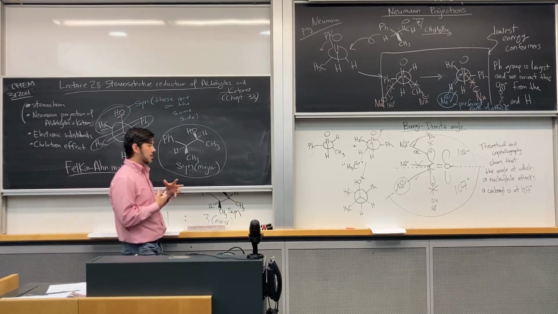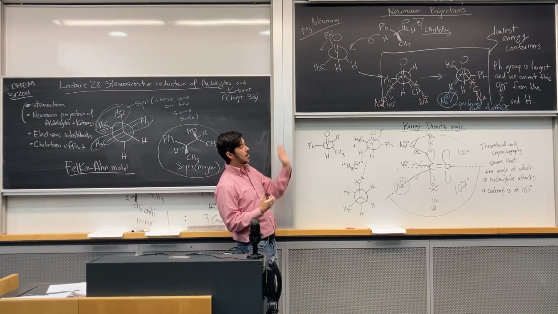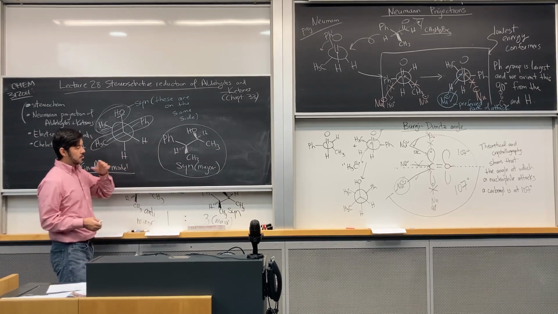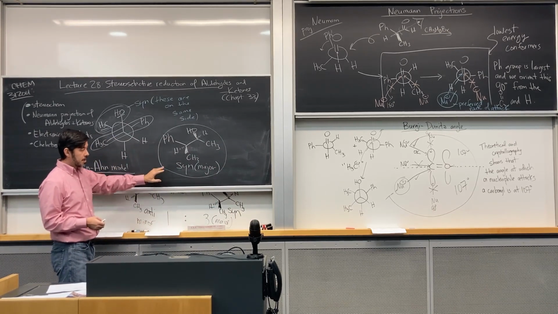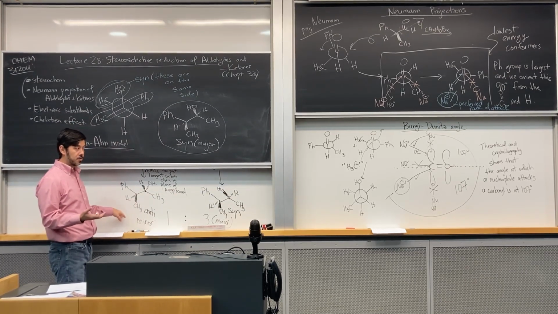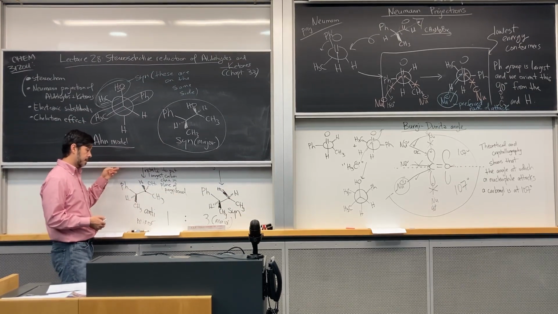It's all based on that Bürgi-Dunitz angle and which side the nucleophile attacks. Okay, so it's not a perfect reaction. Syn is a major product, but you also learned that you get some anti minor as well. So it's not 100% stereoselective.